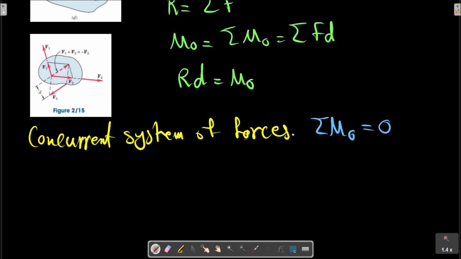Thus, the line of action of the resultant R equals sigma F, determined by the first of the equations, passes through point O.